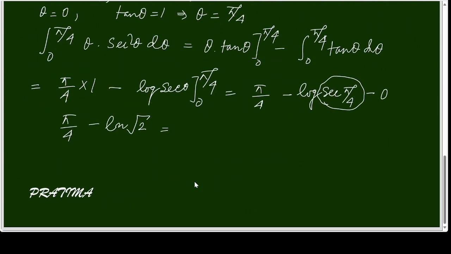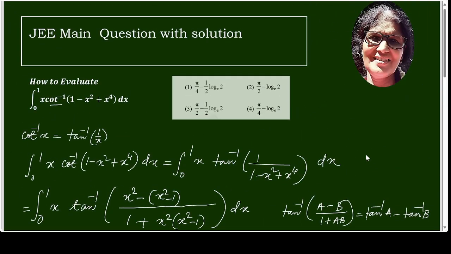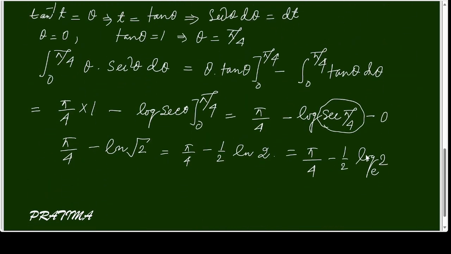So we have to convert this root 2 in terms of 2, so it will be pi by 4 minus half log 2. So let's see which one is the answer. Pi by 4 minus half log 2, the first option is the answer. Thank you for watching.